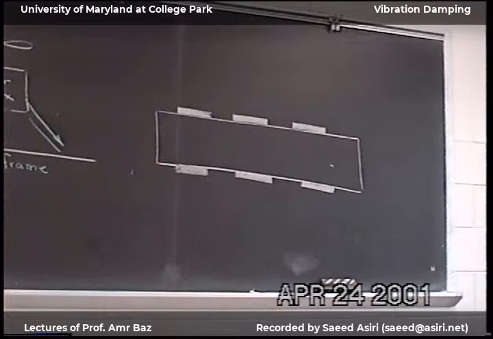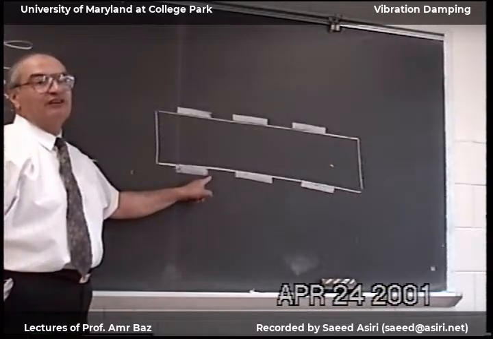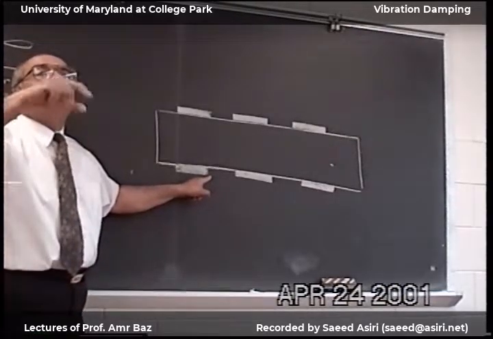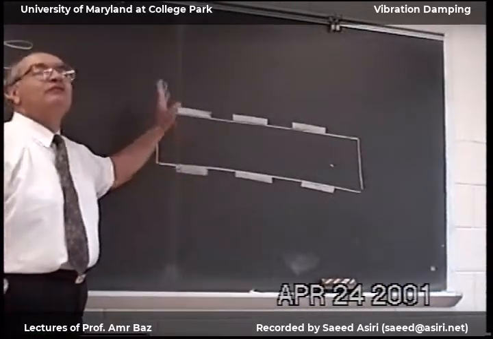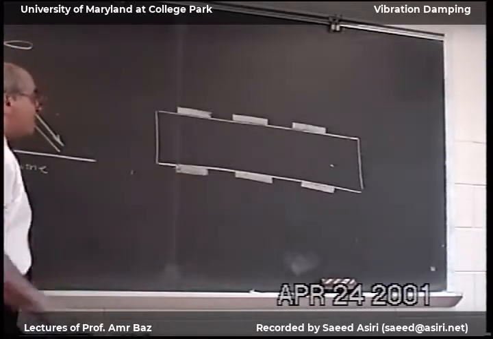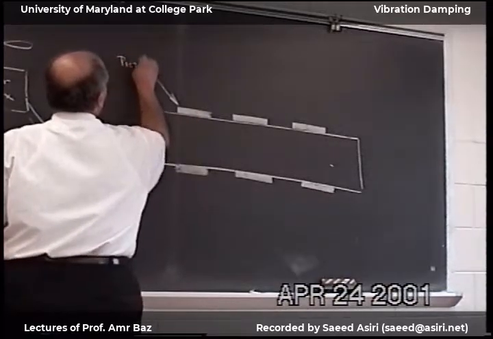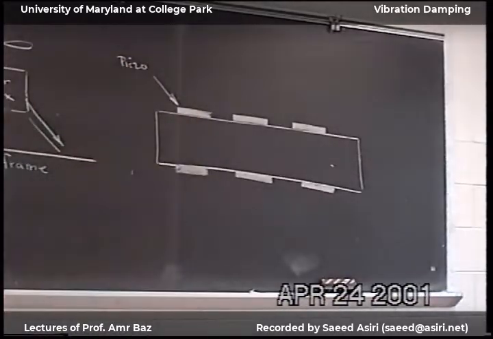Okay, so I have two effects. One of them because of the geometry change, and then the second I can have damping because of the piezo itself. Okay. Now this material can be piezo, can be shape memory material, can be anything, any active material.